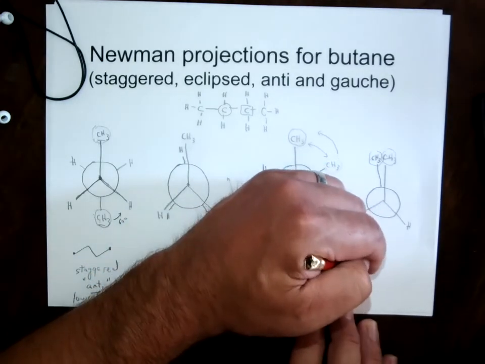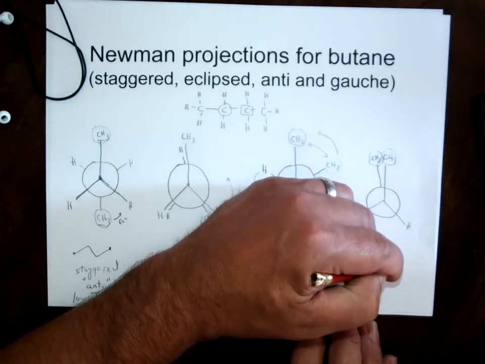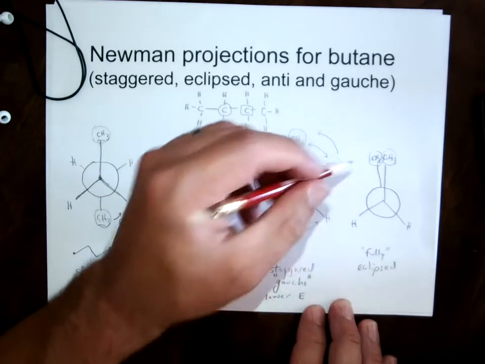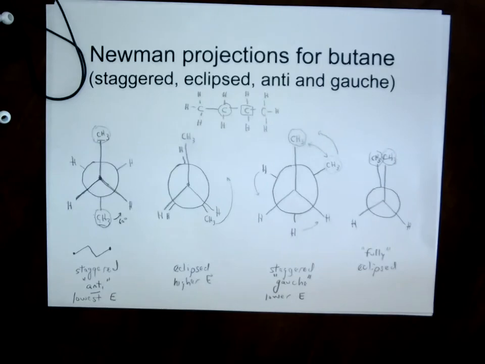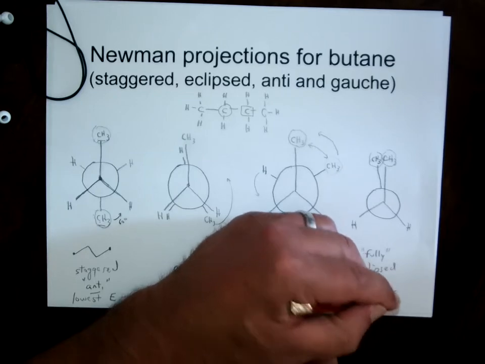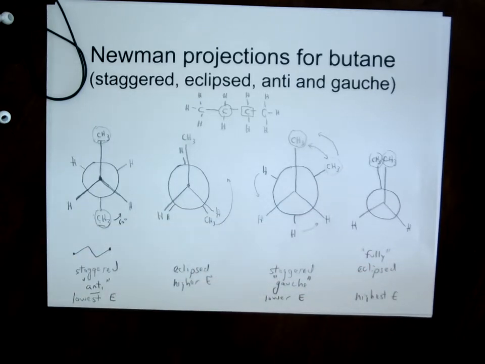So this is again an eclipsed conformation, and many people will call this fully eclipsed because the two largest groups are now eclipsed with each other. And that makes this the highest energy of the butane conformations.